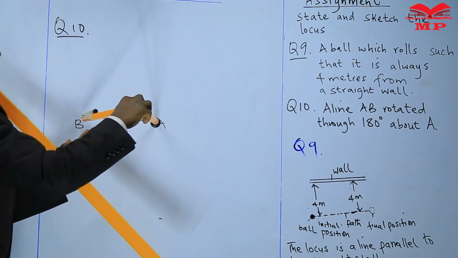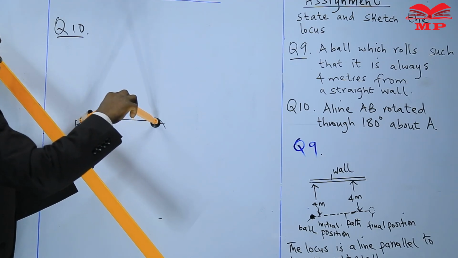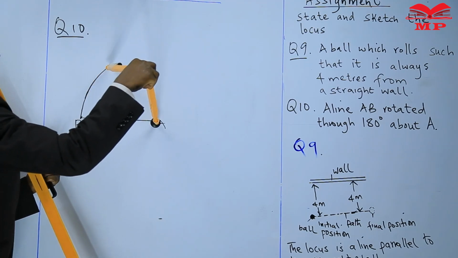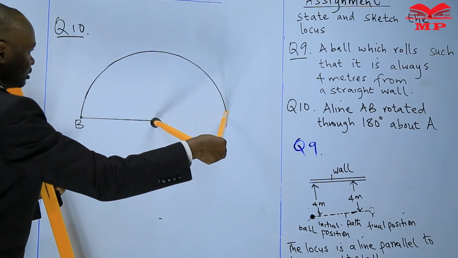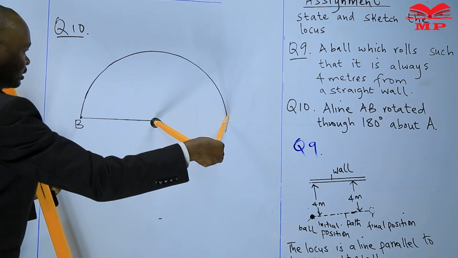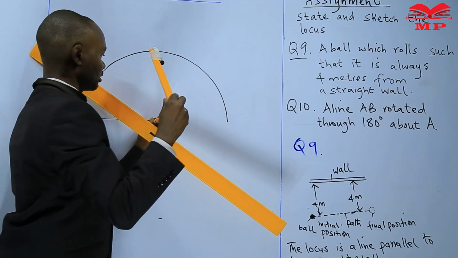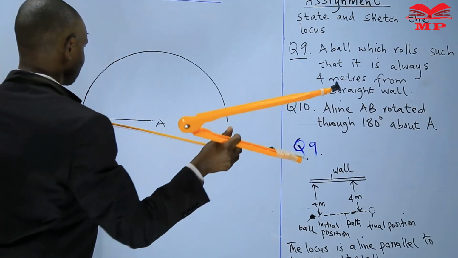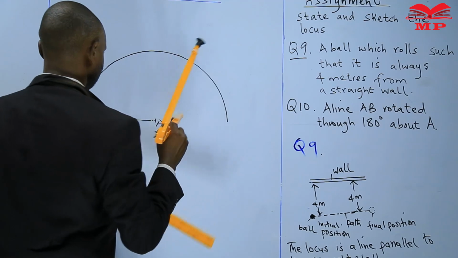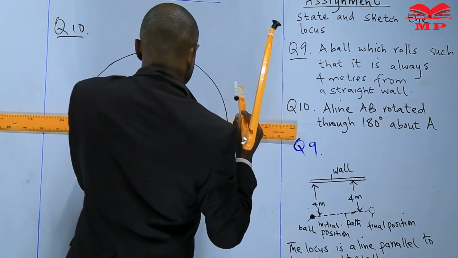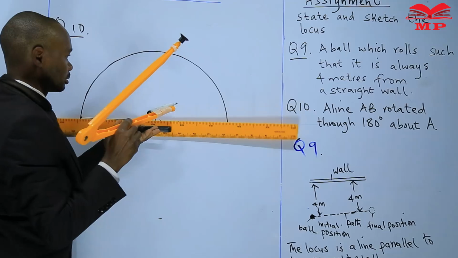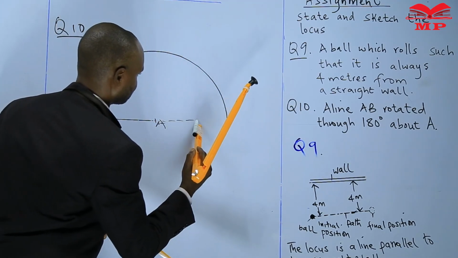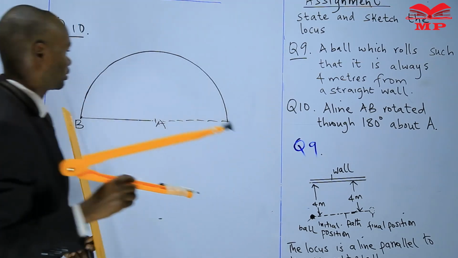Look very well. I'll just draw the outline. Be careful there. After drawing the outline, I'll make a continuation of A, up to that point.